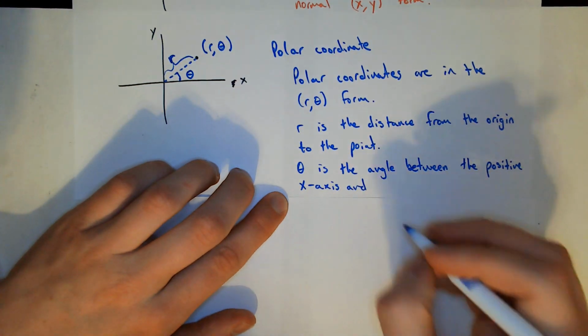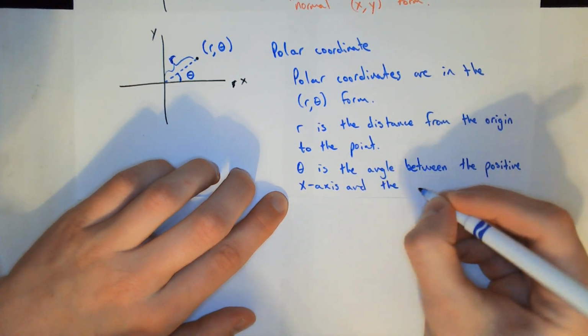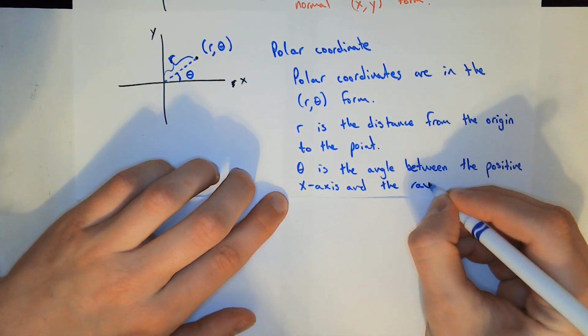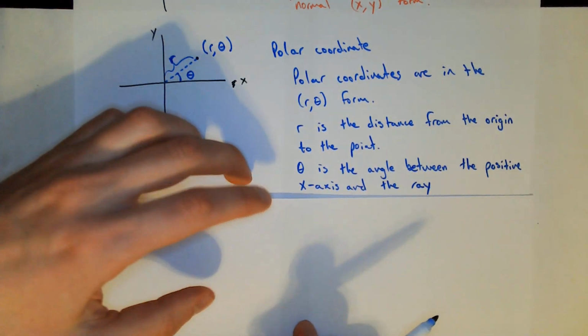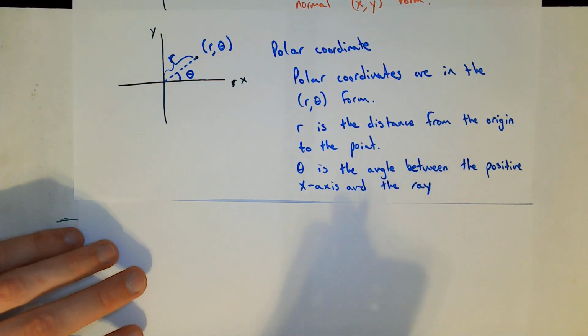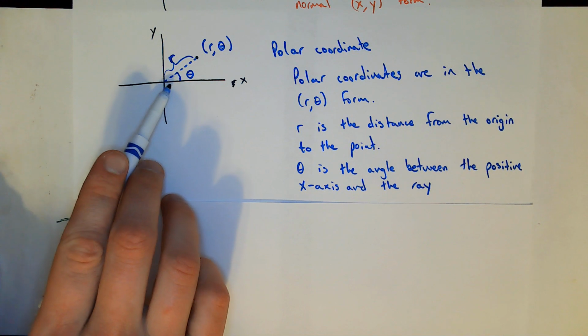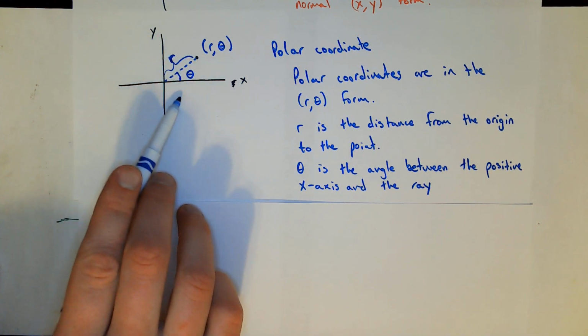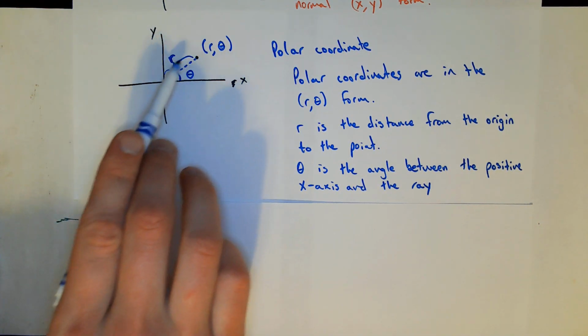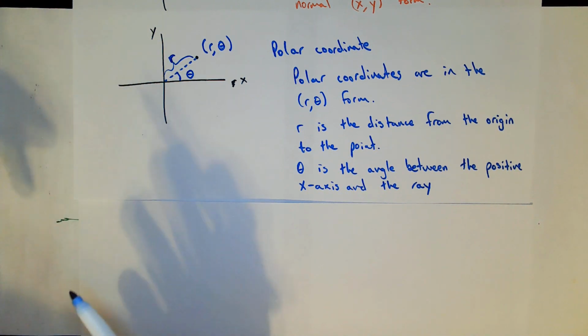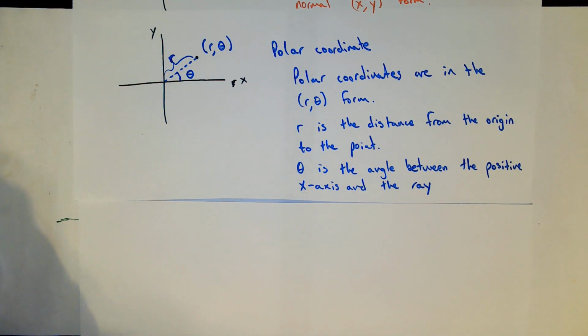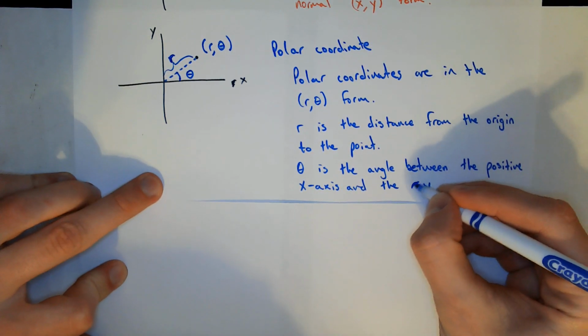and the ray, well, how do I describe this thing particularly? It's from the positive x-axis to the ray, this, as I've drawn it as a dashed line, which is a ray technically, right? Or I guess I could call it a line segment. Yeah, it's more technically a line segment. Let's do that.